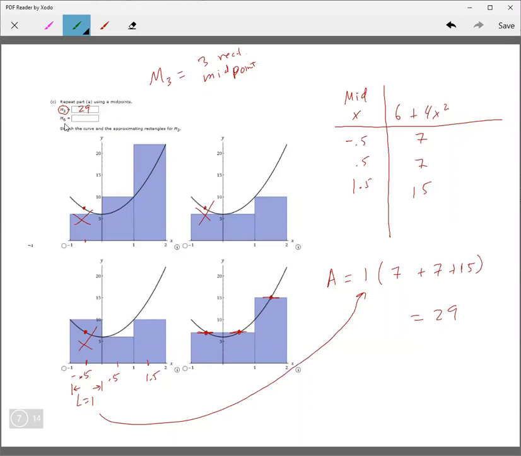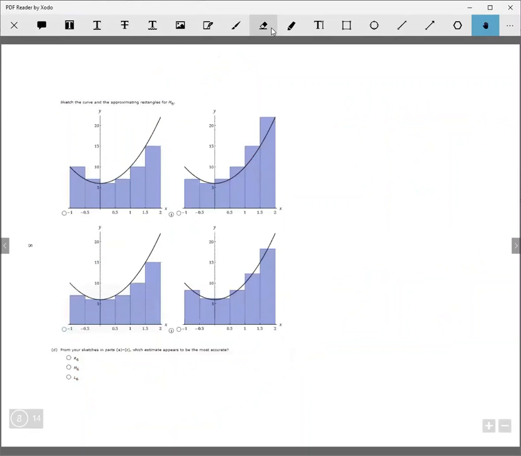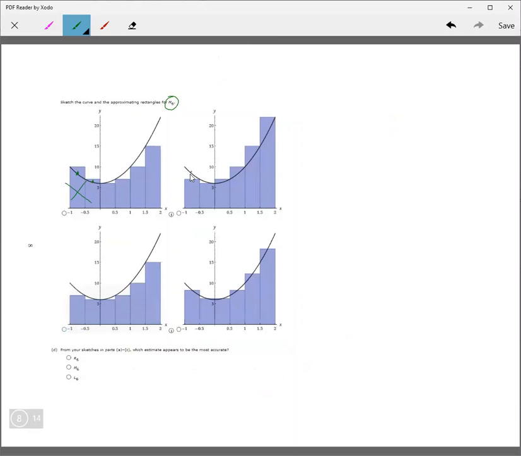Okay, now we're supposed to find M6 also. So you're going to look for M6. So 6 rectangles and use the midpoint. This is not using the midpoint. This isn't either, so throw that out. This isn't using the midpoint, so forget that.